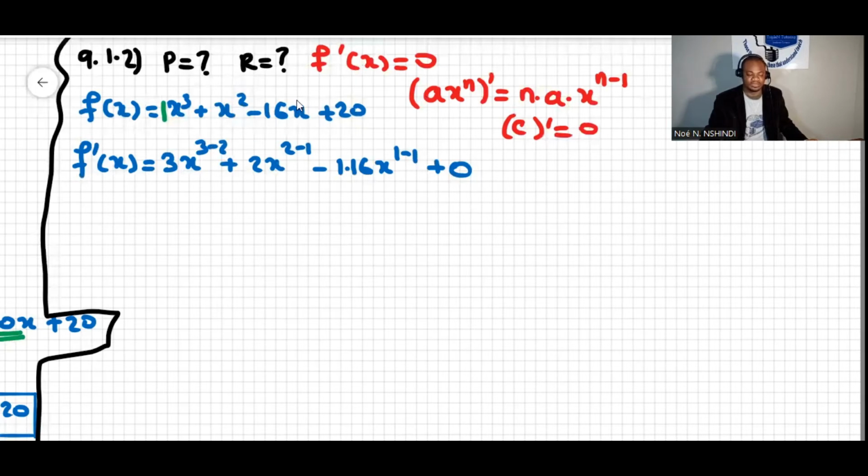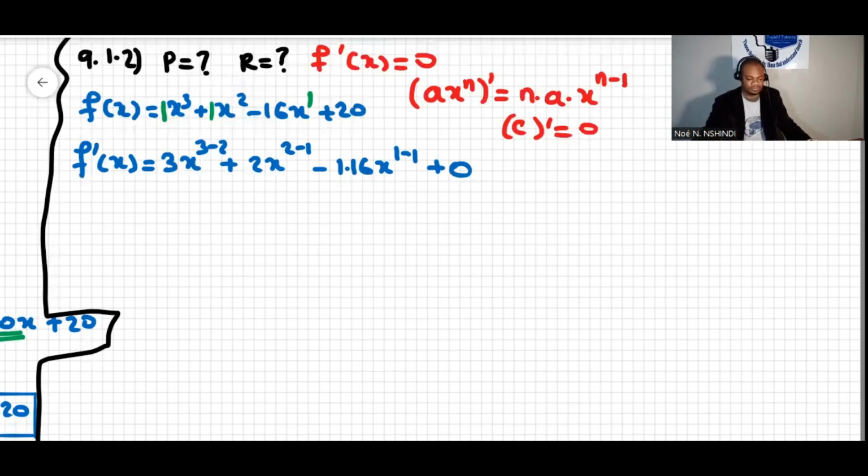And then here, the exponent is 1, so 1 times 16, x to the 1 minus 1, and 20 is just a constant term. The derivative of a constant is 0.